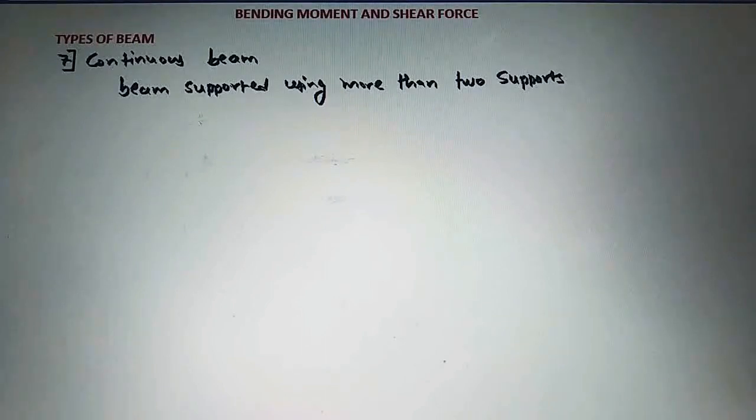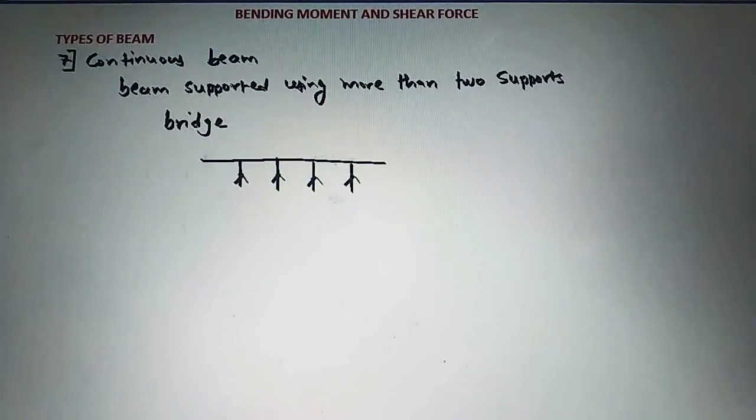For example, a bridge is the best example of a continuous beam, where there are a number of pillars supporting this bridge here. As there are more than two supports here, this bridge is a continuous beam, and this is all about the continuous beam and the types of beam.